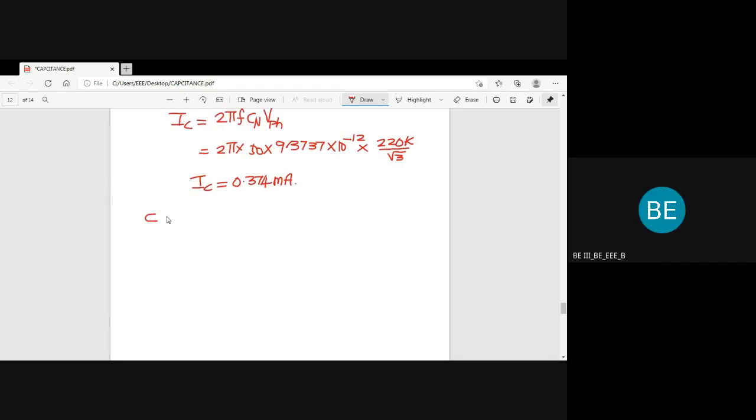So we are going to solve capacitance of a double circuit line.